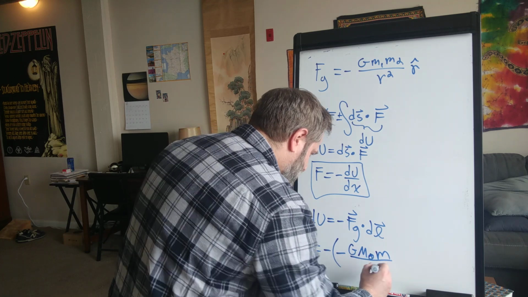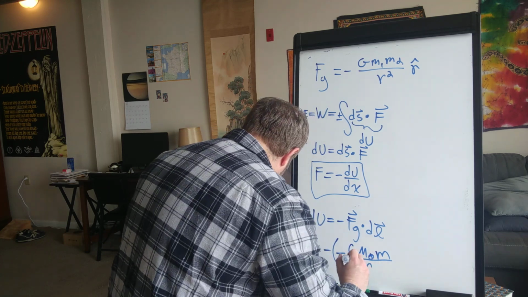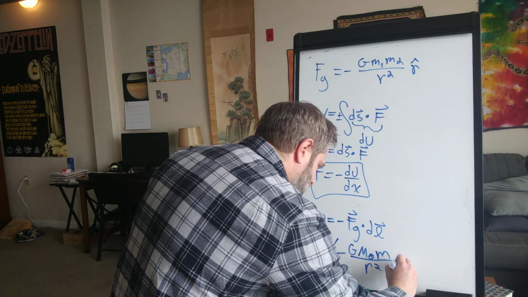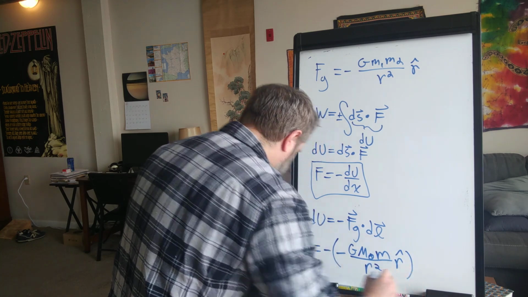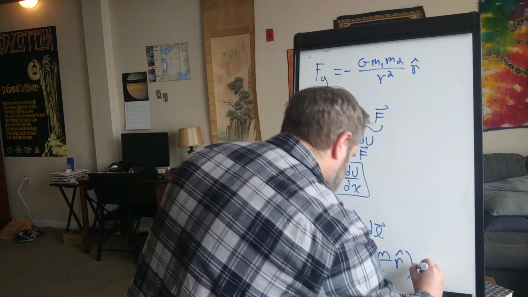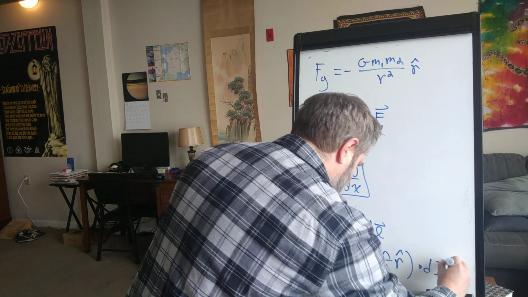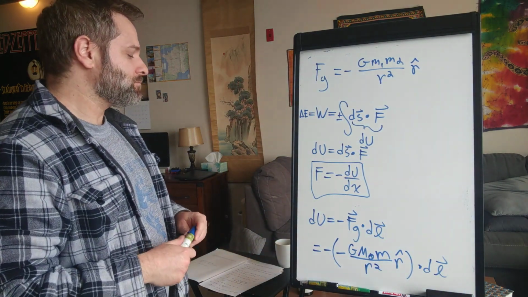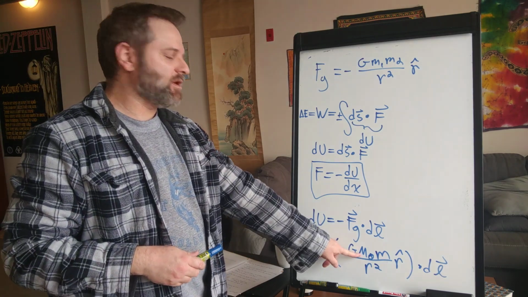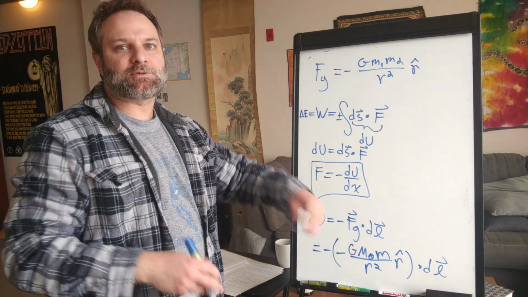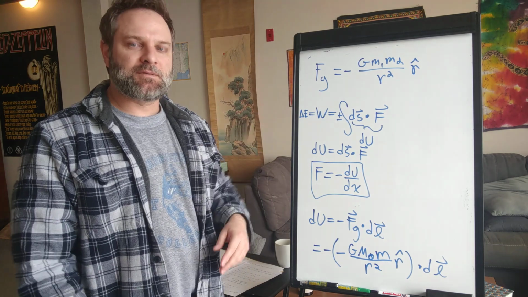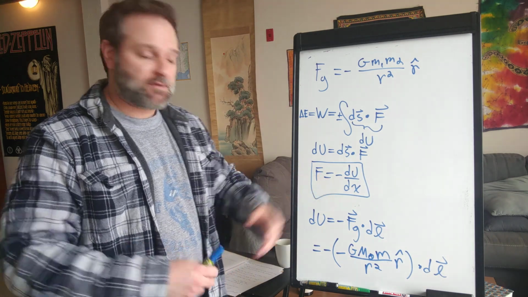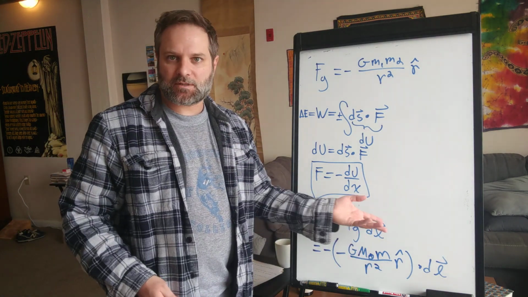So now I'm just plugging in our equation for gravity, dot dl. And I've made one of the masses the mass of the Earth because we're talking about escape velocity for the Earth. If we were doing some other planet, this would be some other mass.